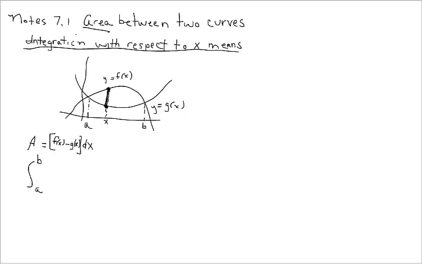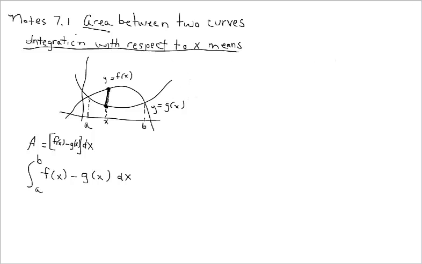This tells us where we're going to begin and end accumulating all these vertical rectangles. Then all we need is the representation of one of the heights of any of the rectangles in here. That would be the top curve minus the bottom curve. And then we would integrate. That's multiplied by the width of one individual rectangle, and we integrate, and that would sum all the areas and give us the answer to the area question.